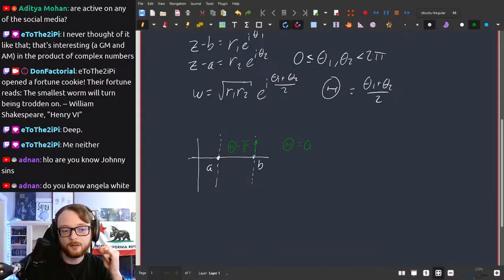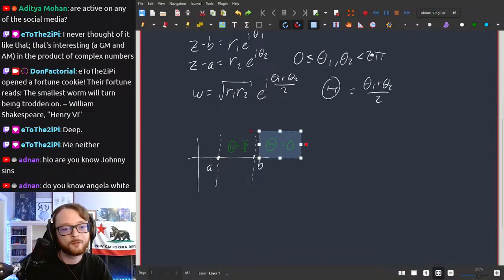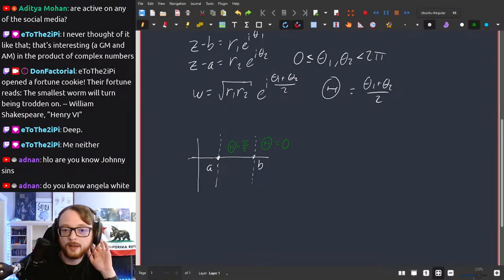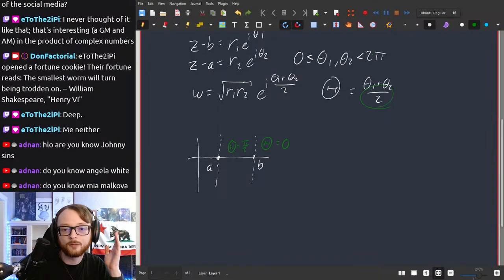Angle A could approach pi over 2 if we made A really close to B. That makes more sense, because big theta has division by 2. So in the worst case scenario where A is right next to B, it's basically pi over 2 plus pi over 2, which is pi, but then divided by 2. So I understand now why this region ranges from 0 to pi over 2 with respect to big theta.